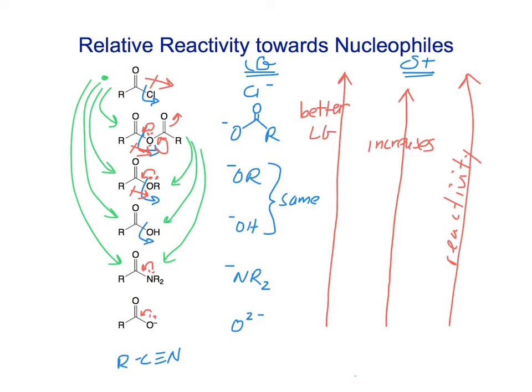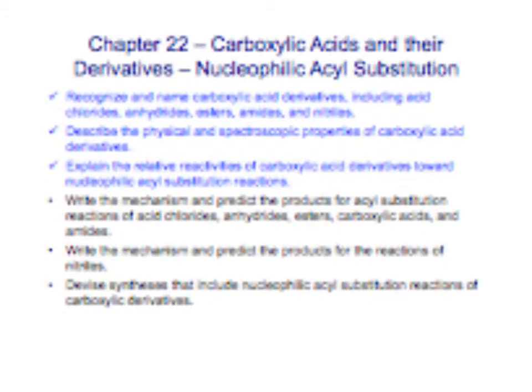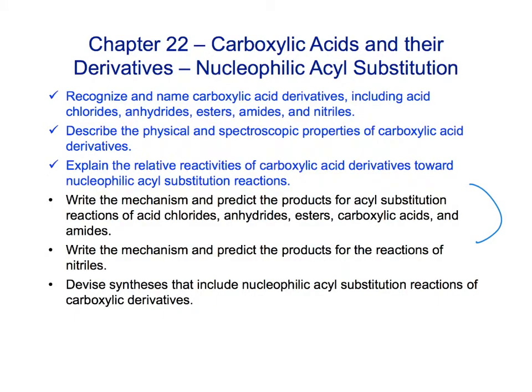I think the way that we're going to do it is slightly different order than the text does, but I think it's the most logical way that it could possibly be done. All right, so we want to learn how to predict the products and write the mechanisms for these acyl substitution reactions.